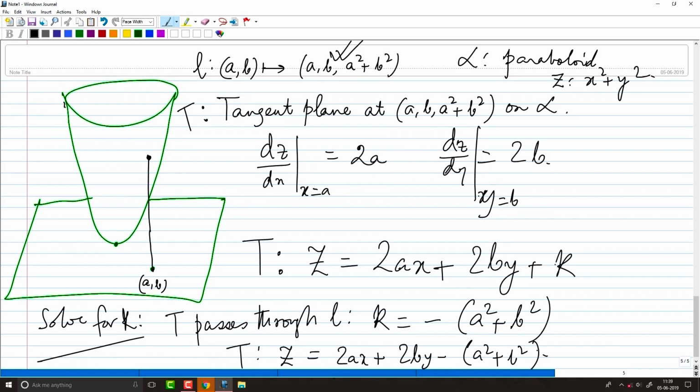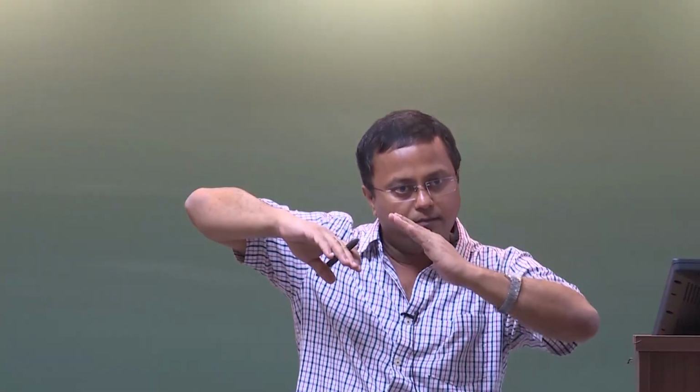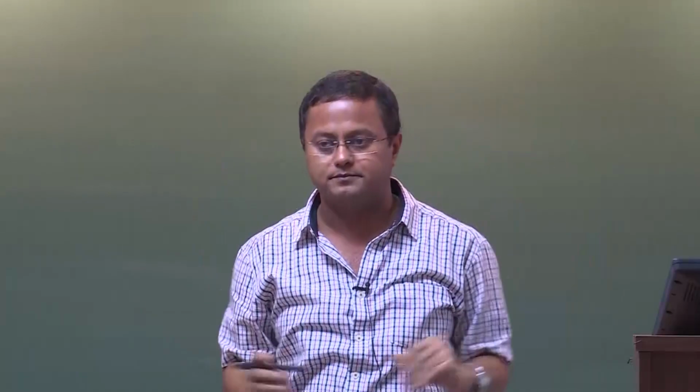Now, this comes the interesting part. What I have got is a plane that is tangential to the paraboloid at this point L. Fine. Now, what I will do is shift this plane, which is tangential at this point L, by a distance of some rho square, right.